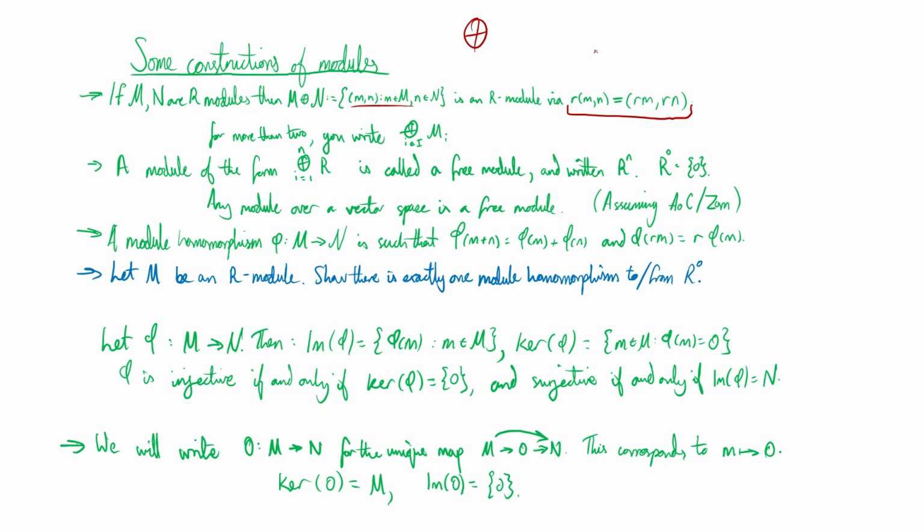So if you have some vector space, in fact, C^n ⊕ C^m, you just get to write it as a vector, with the first C^n entries and then the second C^m entries.